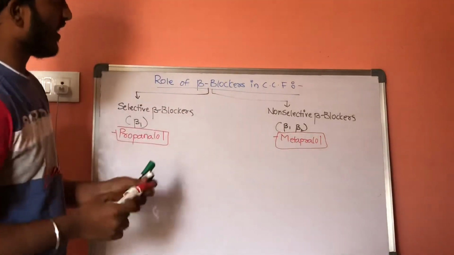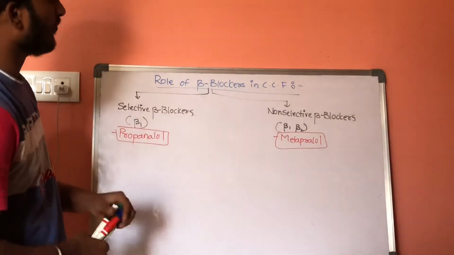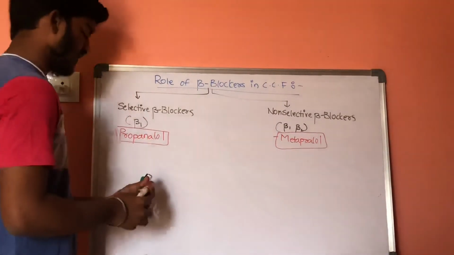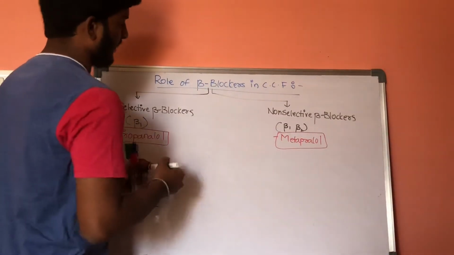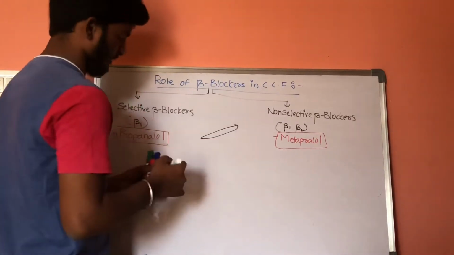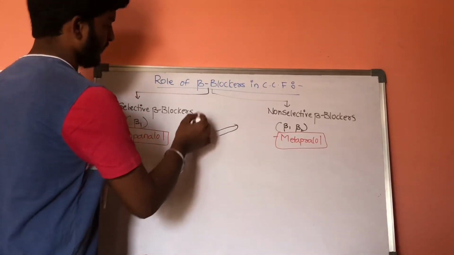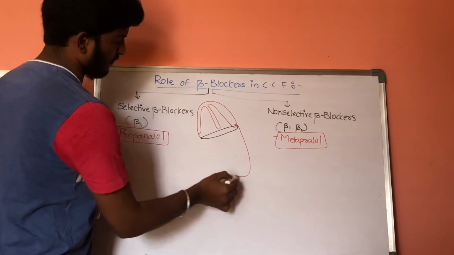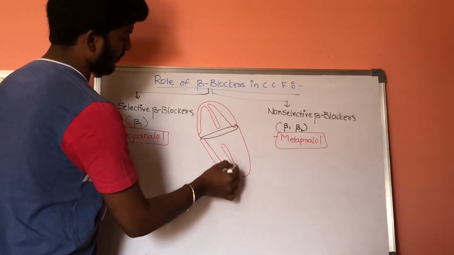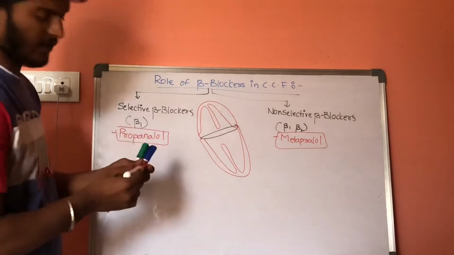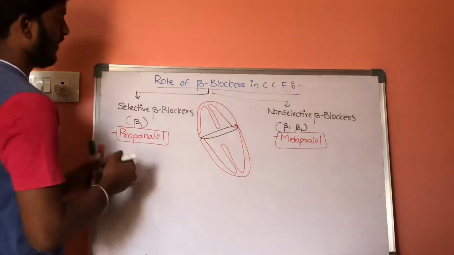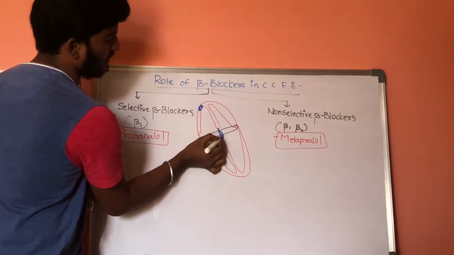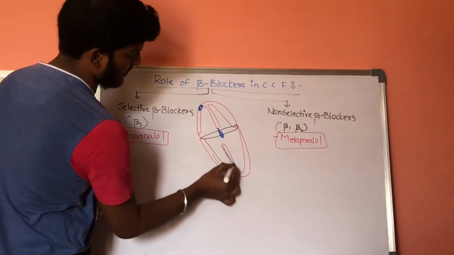How these beta blockers are used in congestive cardiac failure means, here let us consider this is our heart, and here this is the SA node, and here this is the AV node, and this is the Purkinje system.